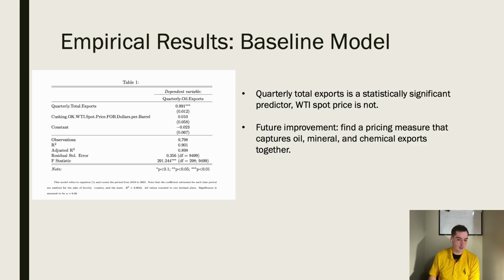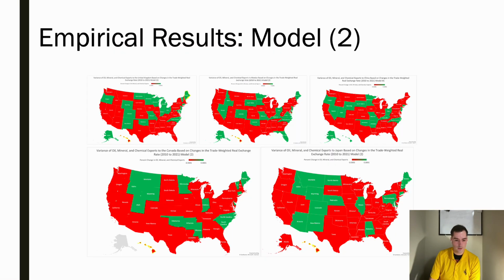But at least in this baseline model, it was not a statistically significant predictor. It was in subsequent models, which is a little interesting. When I decided to include the real exchange rate measure, for example, it ended up being a statistically significant predictor. But if I were to return to this topic in the future, I would like to change this to some kind of price measure that captures chemical and mineral products as well, in addition to just the crude oil price.